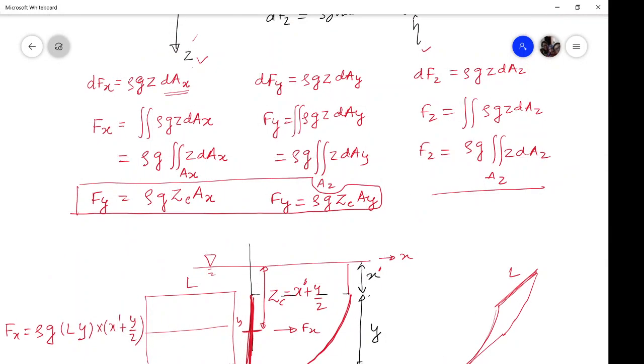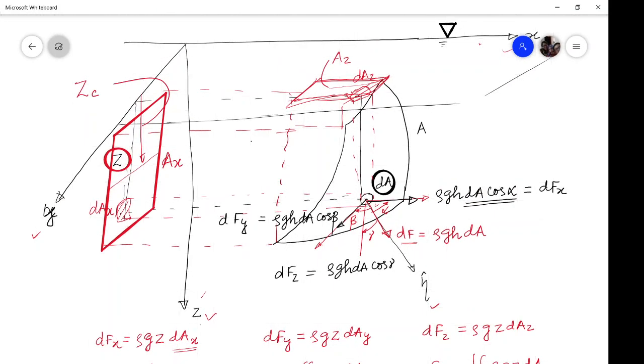Now if you look, the Fz is rho g z dAz. If you closely examine the situation, what is happening here, you are getting a volume. This z dAz is nothing but the volume of the fluid from the curved surface up to the free surface. So this is for the element.